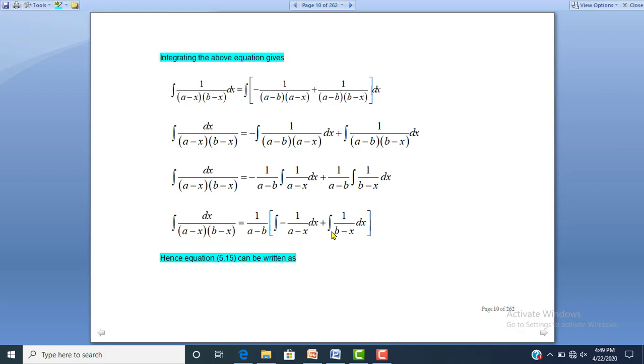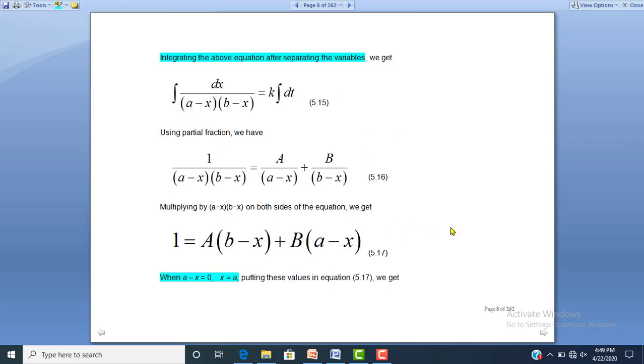Ultimately, this equation will be written as follows by taking the common 1 over A minus B from here and from here. When we take the common term 1 over A minus B, the remaining amount is integration of minus 1 over A minus X dx plus integration of 1 over B minus X dx. Now equation 5.15, this is equation 5.15.